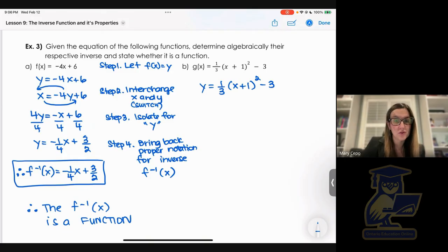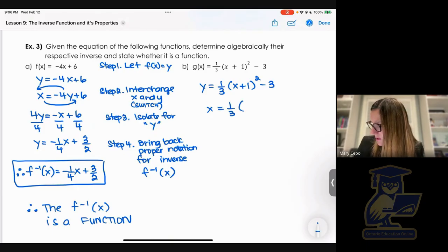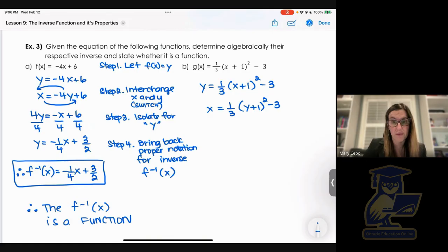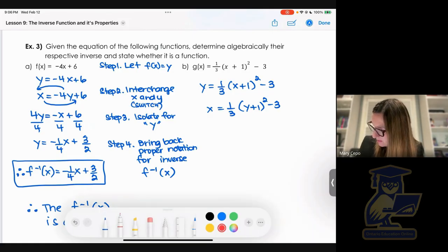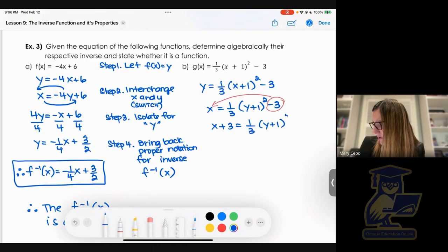Step 2 is interchange x and y, meaning what is y becomes x, what's x becomes y. Okay? And then we solve and isolate for y. So first things first, we're going to bring over that negative 3. So that becomes x plus 3 is equal to 1/3 y plus 1 all squared.